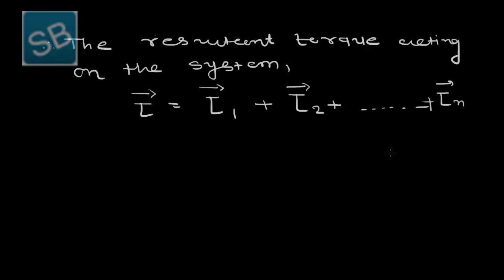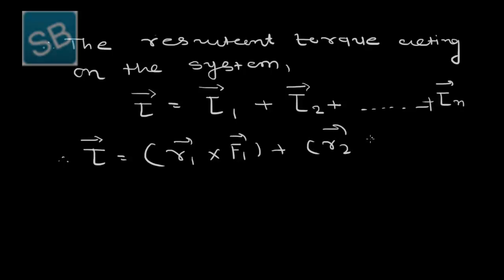So basically this resultant torque is the vector sum of the individual ones, and therefore I can write down the expanded equation of this as R1 cross F1 plus R2 cross F2 plus so and so, Rn cross Fn.